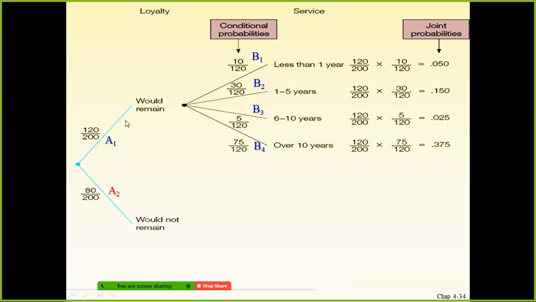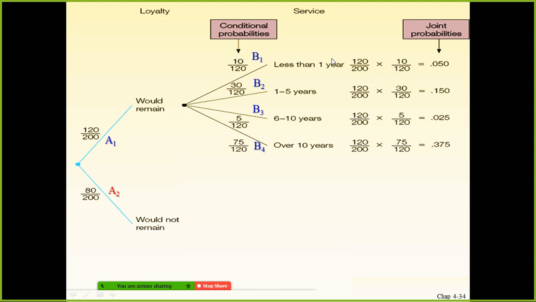That's why if we take the probability of A1 multiplied by a conditional probability of B1 or B2 or B3 or B4, we will get joint probabilities. Joint probability is a multiplication of two probabilities together. This is called joint probability. We studied joint probability under the general rule of addition.